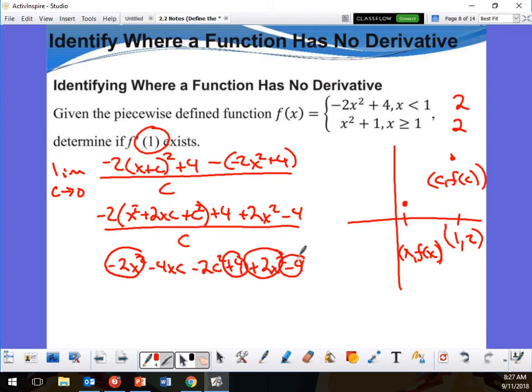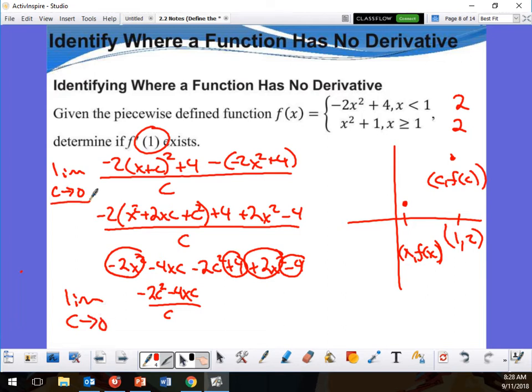So I'm going to be left with my negative 2c squared minus 4xc all over c. We're taking the limit as c approaches 0. Sorry, I have it written up here and I still screwed it up.